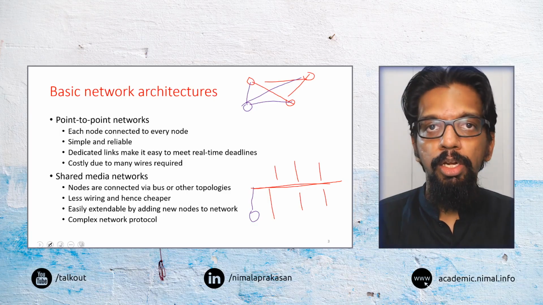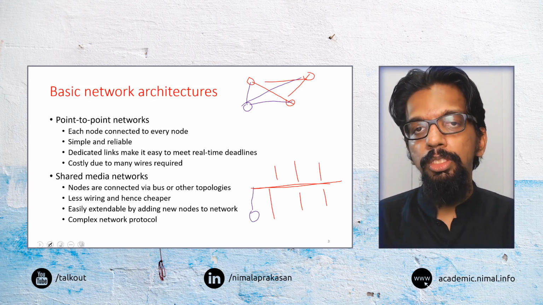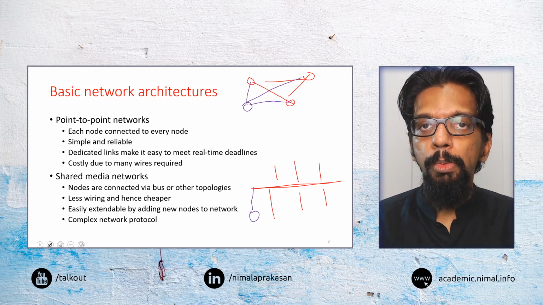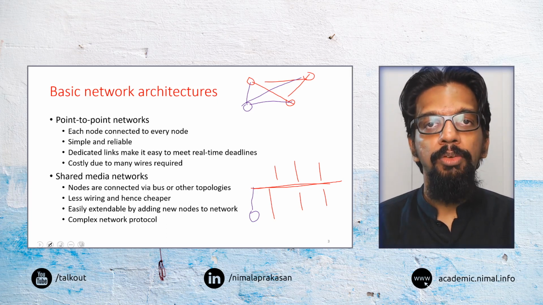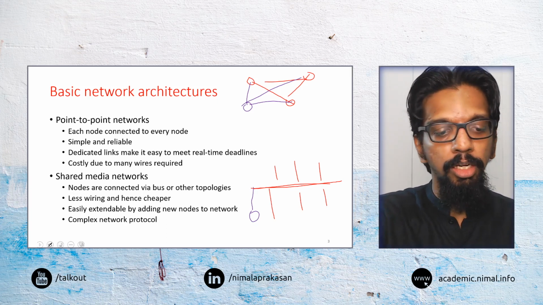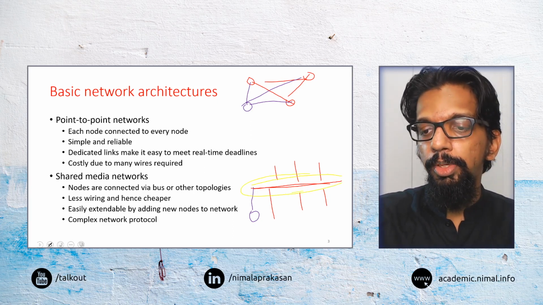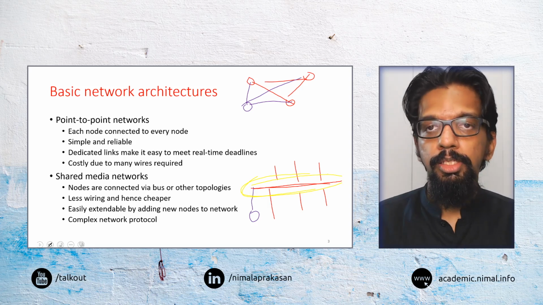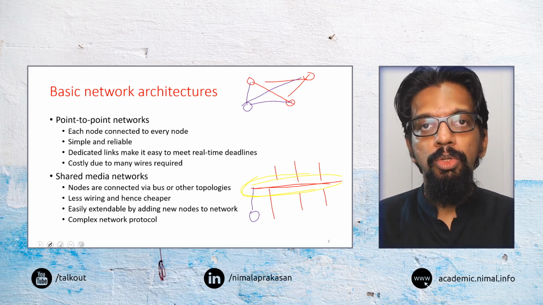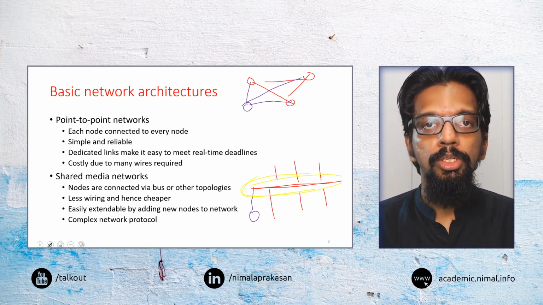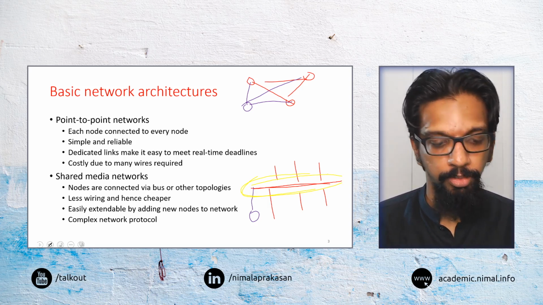But the main drawback is that because of this shared medium approach, we will have to use some form of much more complex network protocol to decide who is going to use this shared medium, because all of these nodes can use the medium. So there should be an approach to decide who gets to use it at what point in time.